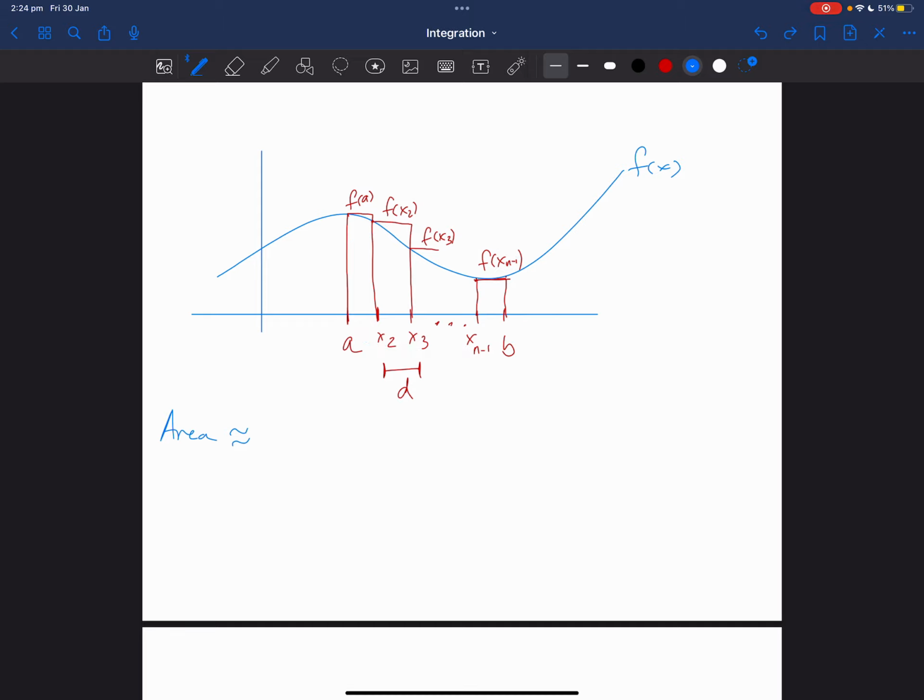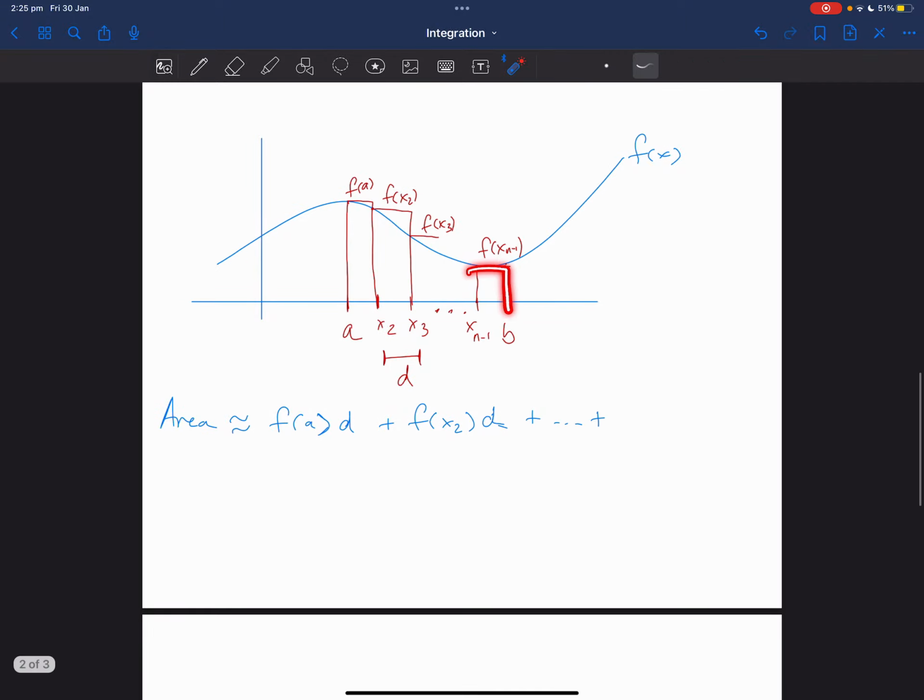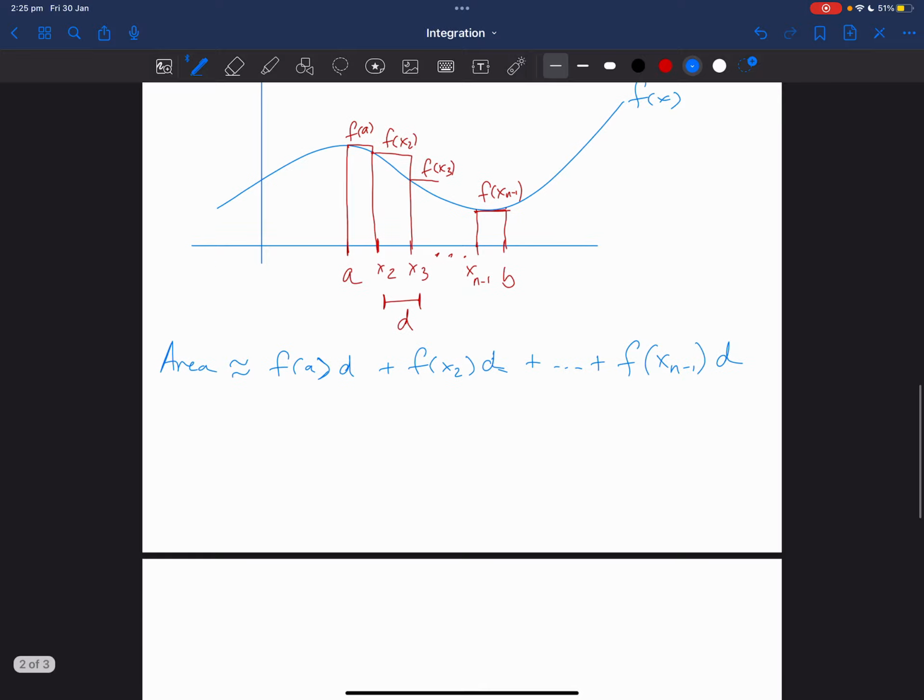The first rectangle has height f of a and length d. Second one, f of x2 times d. And we go all the way to the last rectangle, which has height f of xn minus 1 and again length d. So the area is approximately equal to this, and we might say that it is completely equal as the limit goes to 0, right, of that same thing.